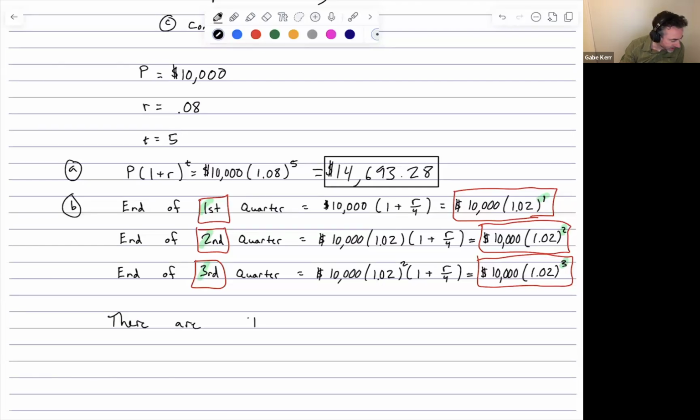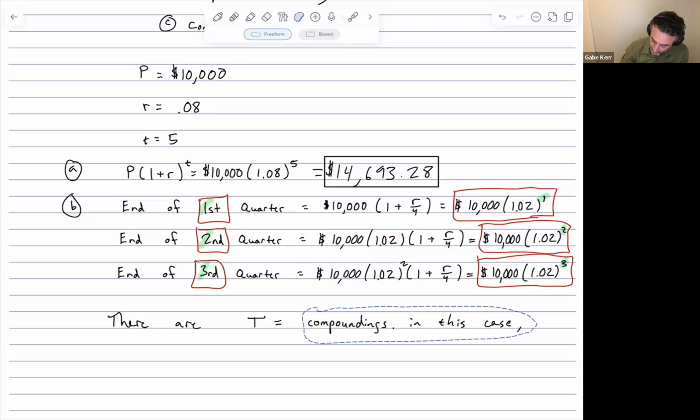Let's call it capital T, the number of compoundings in this case. There are how many compoundings?